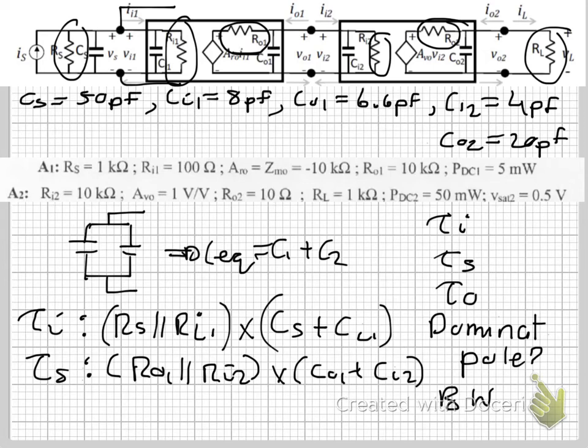And for your output stage, that would be R of O2 in parallel with the load multiplied by C out 2. So that's how you calculate your loading factors.